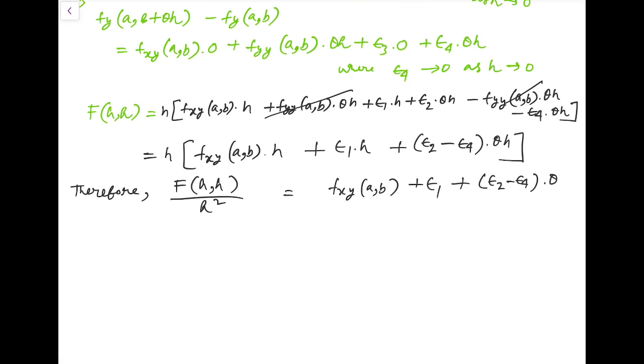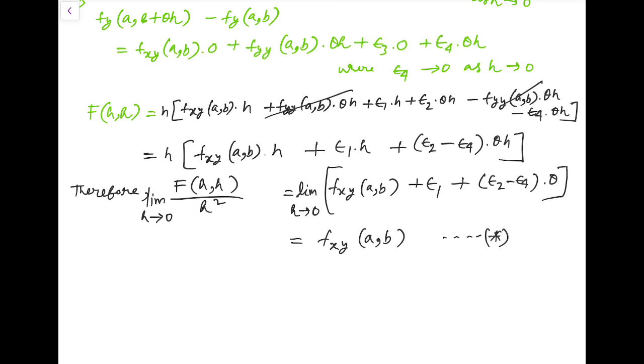Now if we take the limit h tends to 0 for both sides, then what will happen? Epsilon 1 tends to 0 as h tends to 0, epsilon 2 and epsilon 4 are both tending to 0, so we are getting fxy at a comma b, correct? We define it relation star.